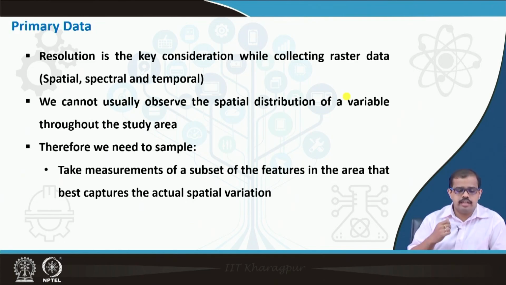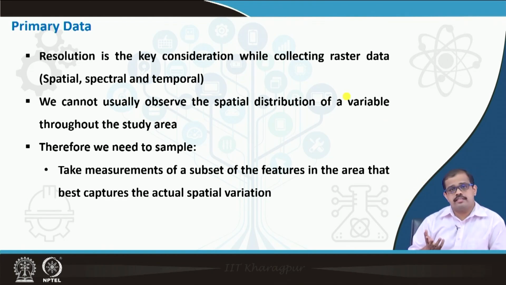So we cannot usually observe the spatial distribution of a variable throughout the study area. So you have to collect the sample data. If your study area is the entire KMA, you cannot go pixel by pixel.